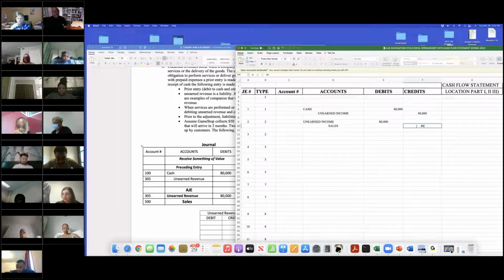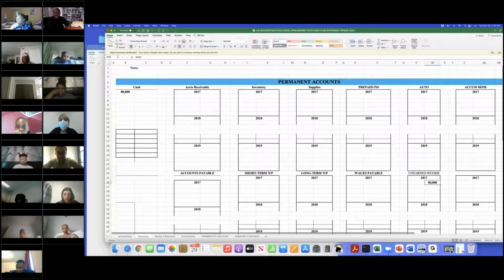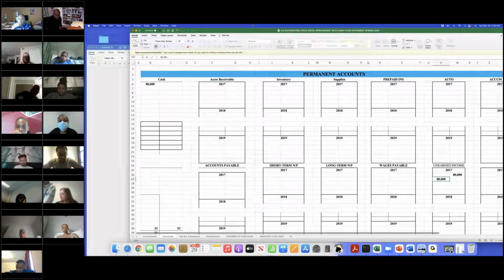And then if we go to the T account, the way that will look would be we would debit the unearned income now in 2017 for 80,000. And what are we going to credit? Could be crediting the sales for 80,000.